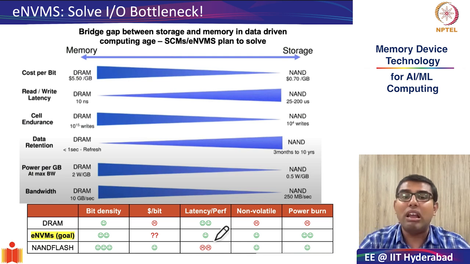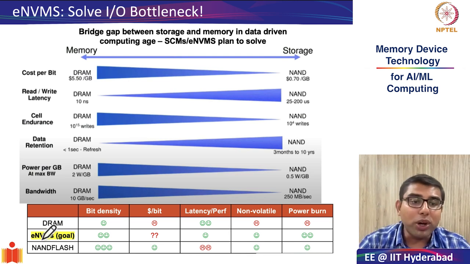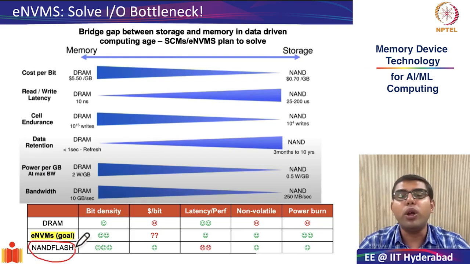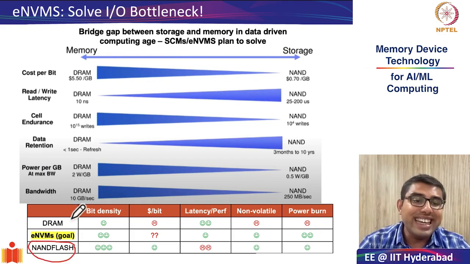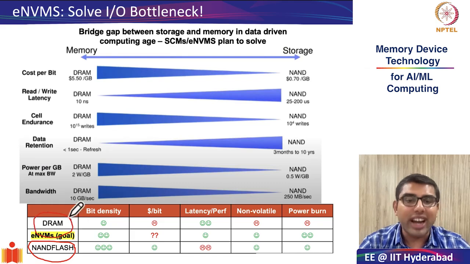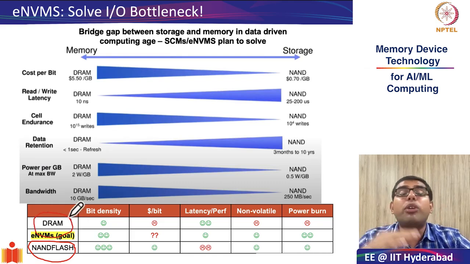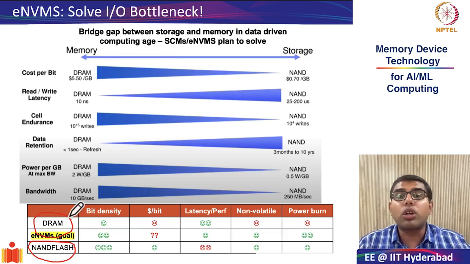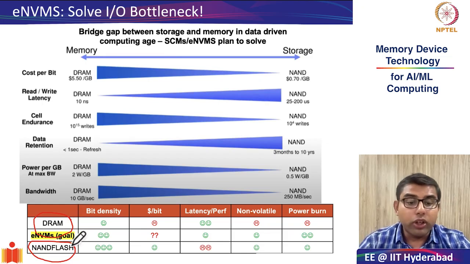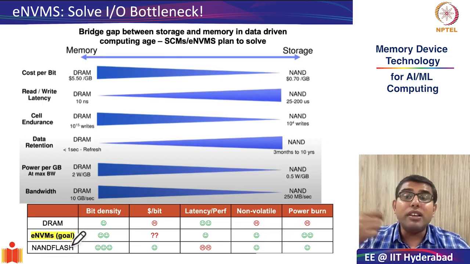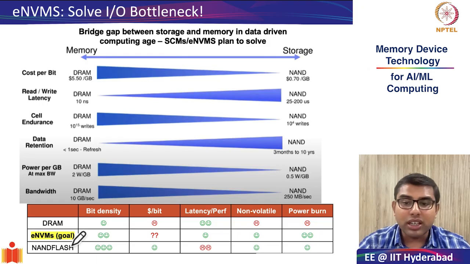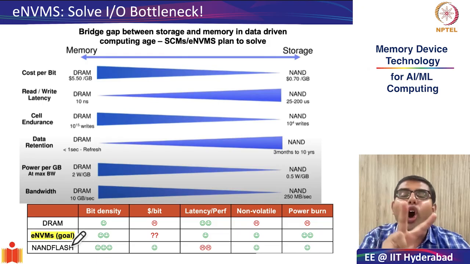Why is this possible is something that we should think about very carefully. At the system level, remember, NAND flash was completely sequentially driven storage, whereas DRAM was random access, right? And that is why the sequential access also caused a lot of the latency issues. The goal in eNVMs, as you will see from their names, RRAMs, MRAMs, PCRAMs, they are all RAMs. They are all random access memories.